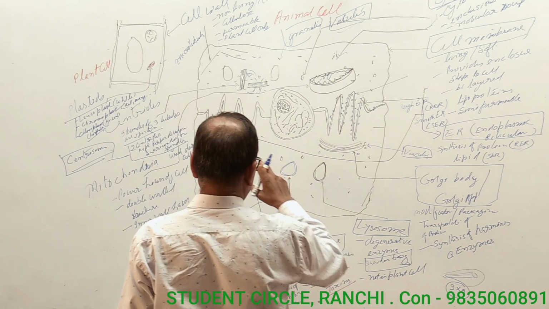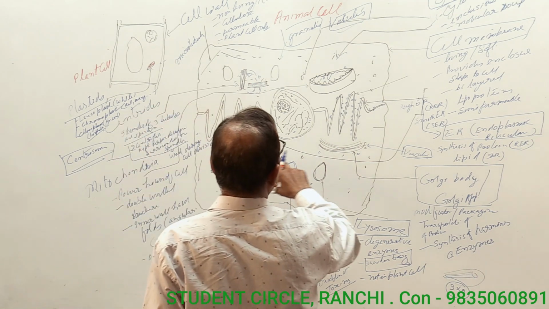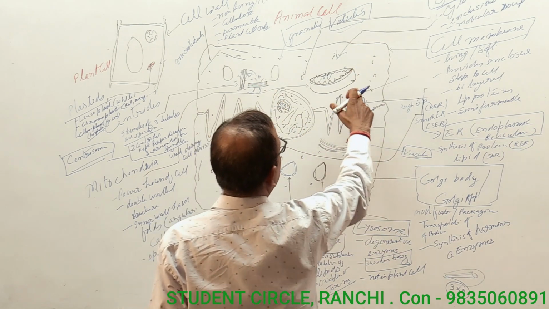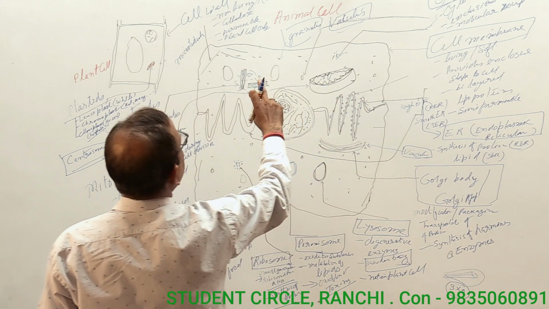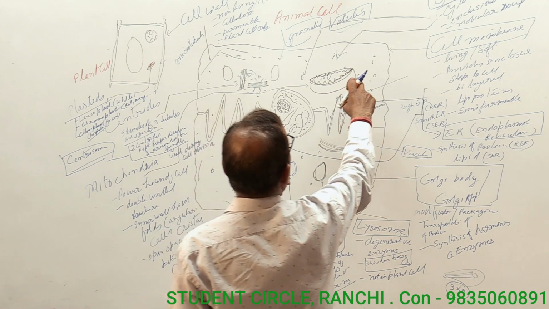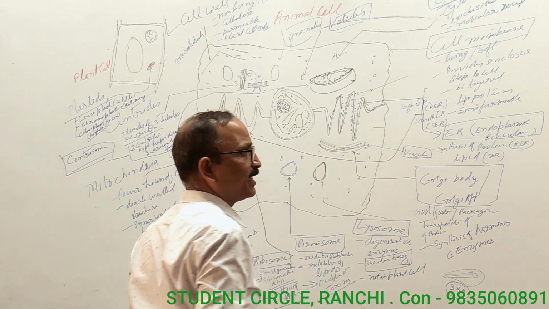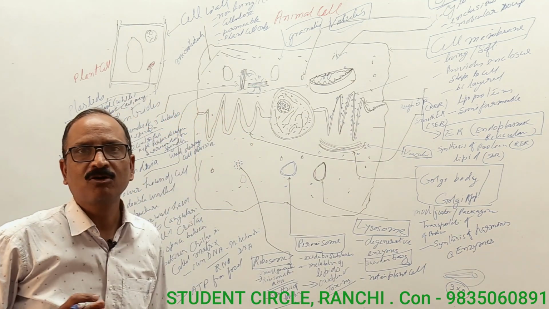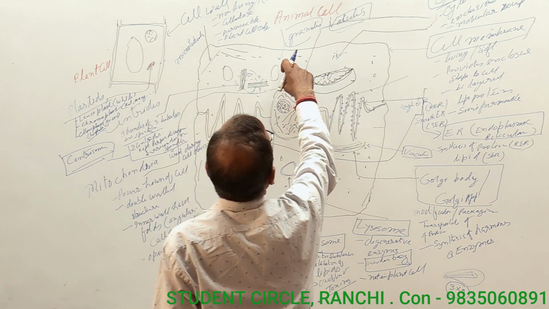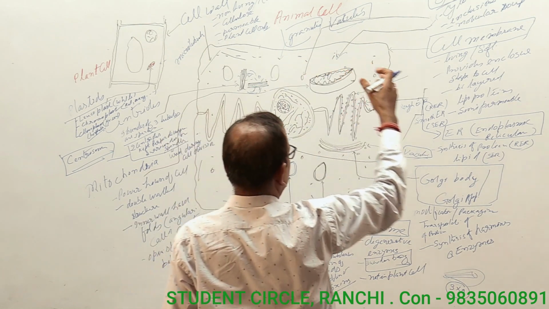This one is ribosome bundle. It is also freely moving inside the cytosol, or attached to the endoplasmic reticulum. We have smooth and rough endoplasmic reticulum. We have mitochondria, the double-walled structure, powerhouse of the cell, with DNA and RNA. So it's called cell within the cell. Then we have granules, small non-living things, nutrients, starch.